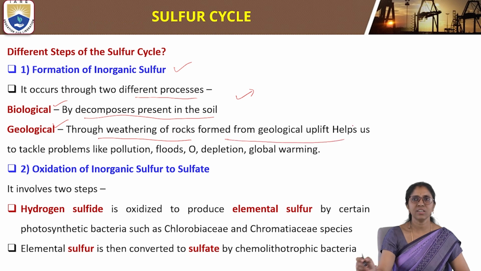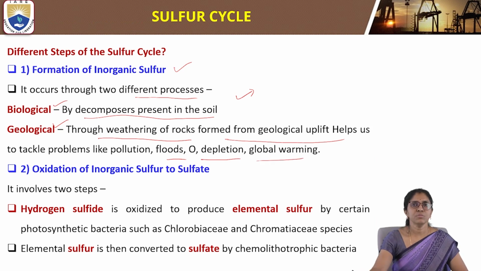So the first one is by decomposers, and the second one is through the weathering of rocks. By these two processes, inorganic sulfur is formed.